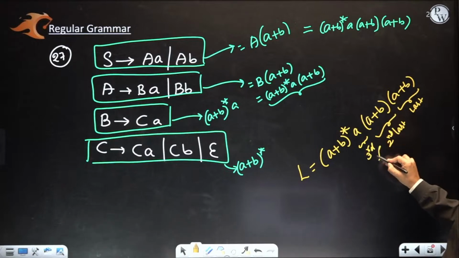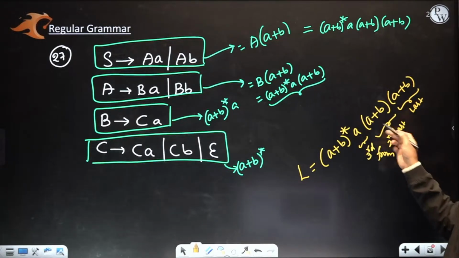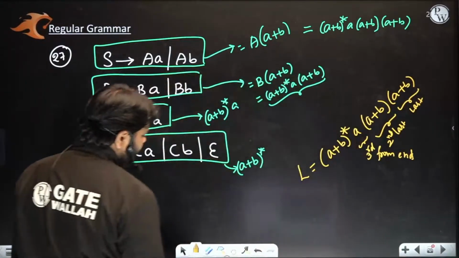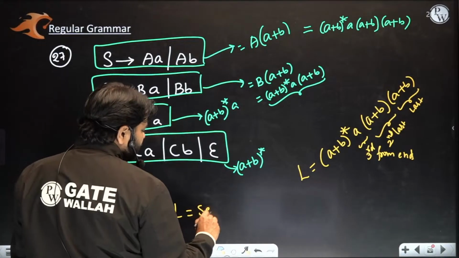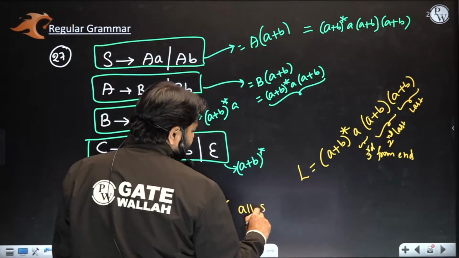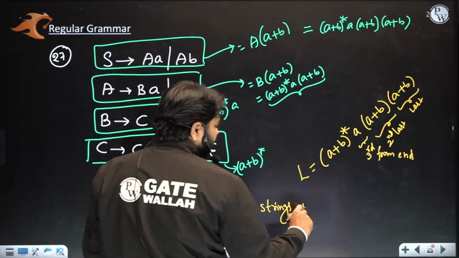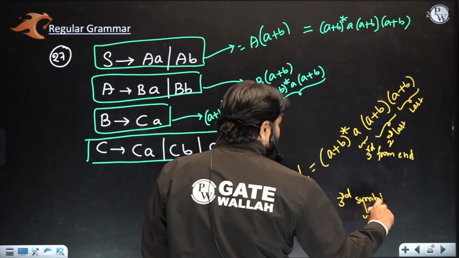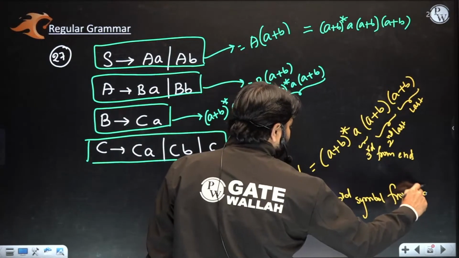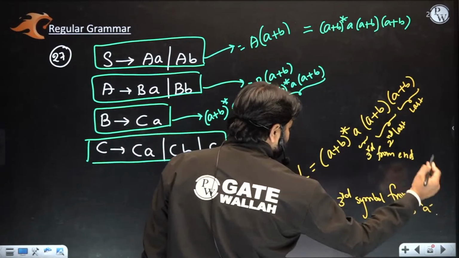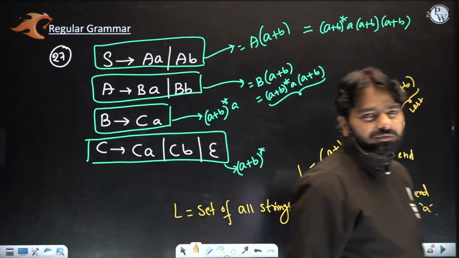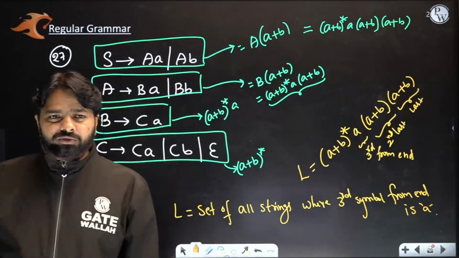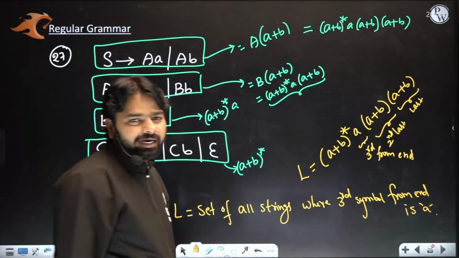So third from the end is going to be A, and before it anything is fine. So the third symbol from the ending is A. The language is nothing but the set of all strings over A's and B's where the third symbol from the end, or from the right side, is A, and sigma is of course A comma B. So this is what I was expecting in question 26, but I had written the wrong grammar, so got a different answer for you. From the right side it must be A.